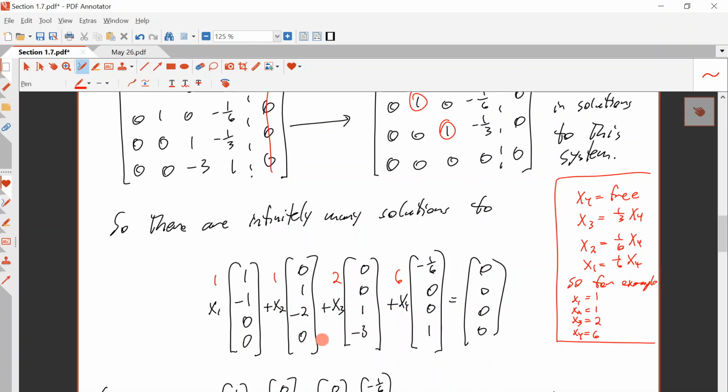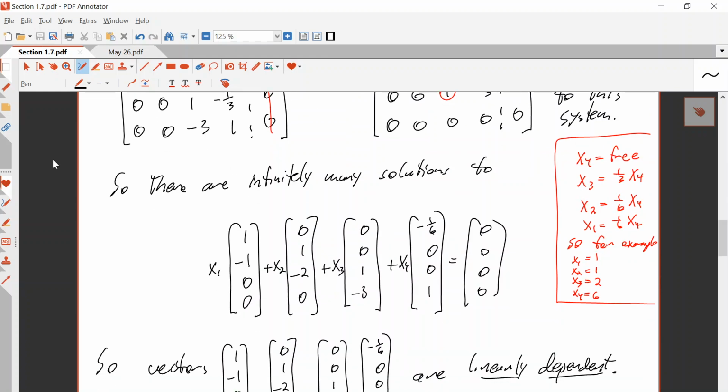Fourth row, 0, 0, minus 6, plus 6 is 0, right? So there is a solution to that homogeneous system other than the 0 solution.